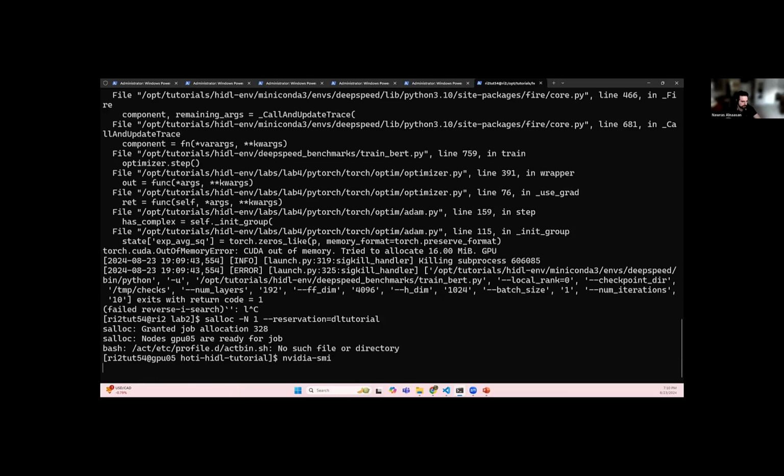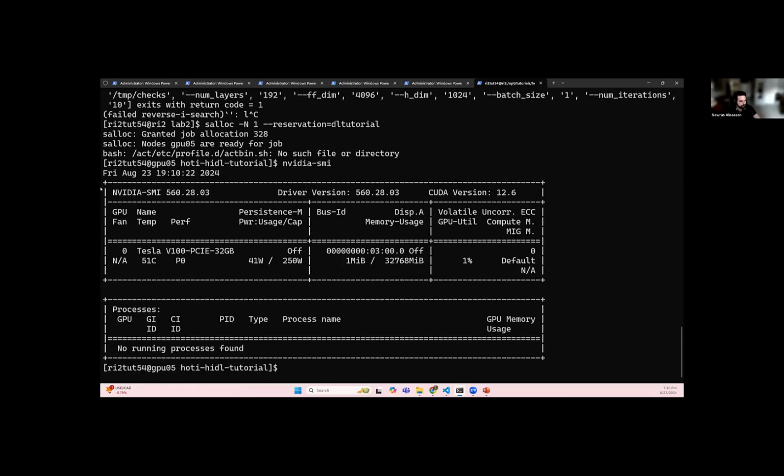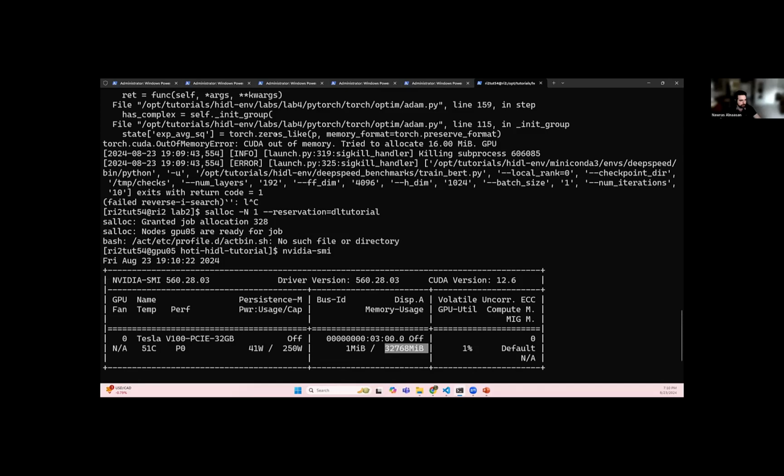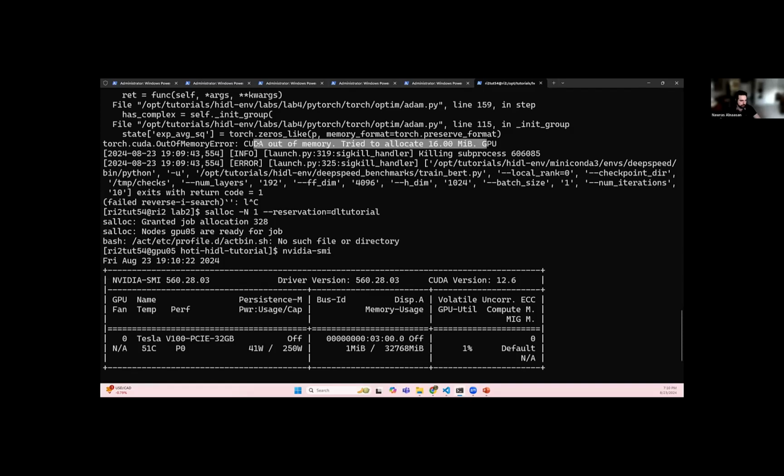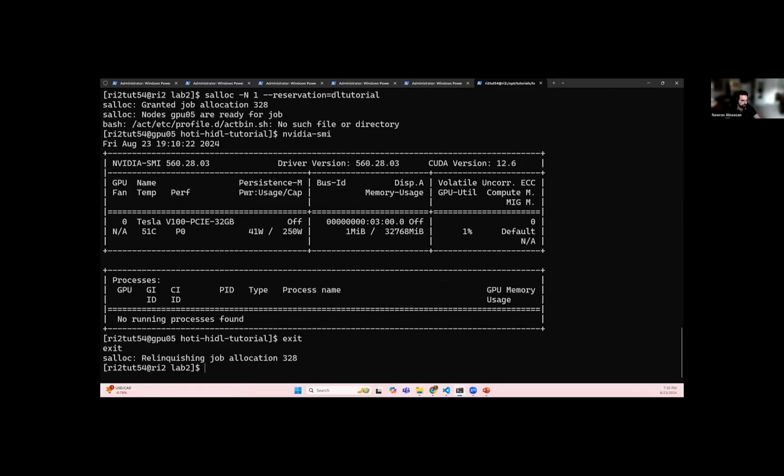If I run nvidia-smi, you see that on each node we have this V100 with 32 gigabytes of memory. And what we saw earlier is that even with this 32 gigabytes, we're running out of memory. So maybe we should try it on 2 nodes and see what happens.